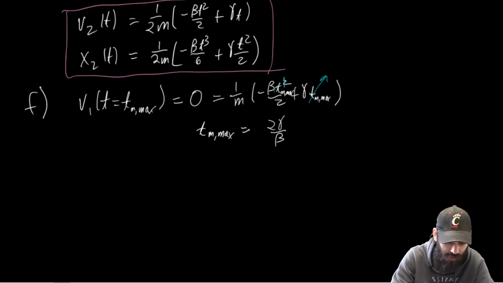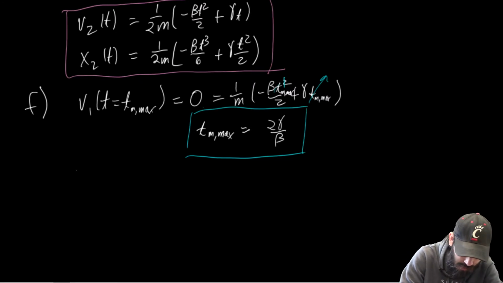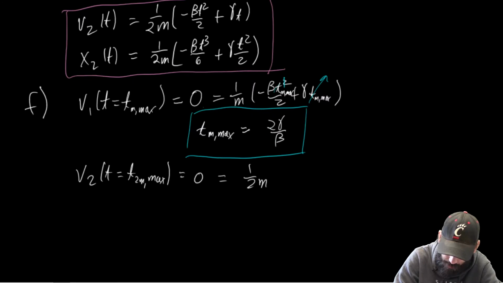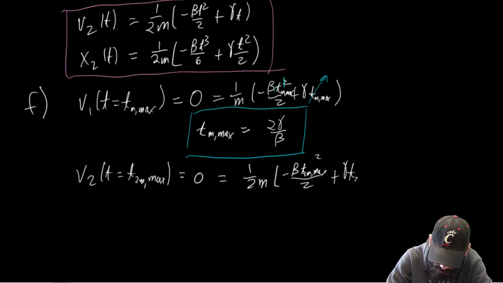Okay? Now we can do the same thing for our second mass, and we're going to see something rather interesting here. This is going to be v2 of t at t2m comma max is equal to 0, which is equal to 1 over 2m times minus beta t max divided by 2 squared, and this is our 2m, plus gamma t 2m comma max.